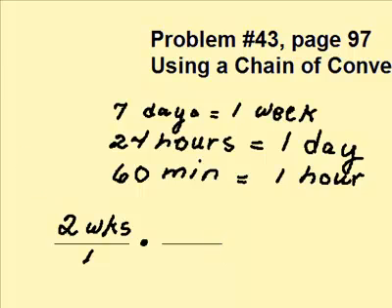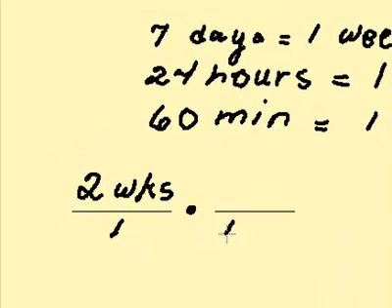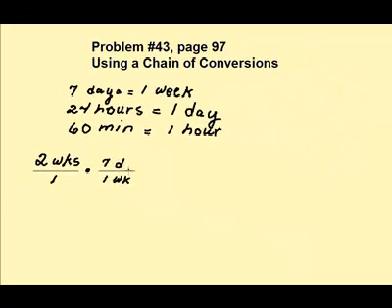So when I place this particular information, I'm going to place it in the fraction so that 1 week falls in the denominator and 7 days falls in the numerator. That's so that, and you'll see this in a moment, I will be able to divide out or simplify out those weeks.